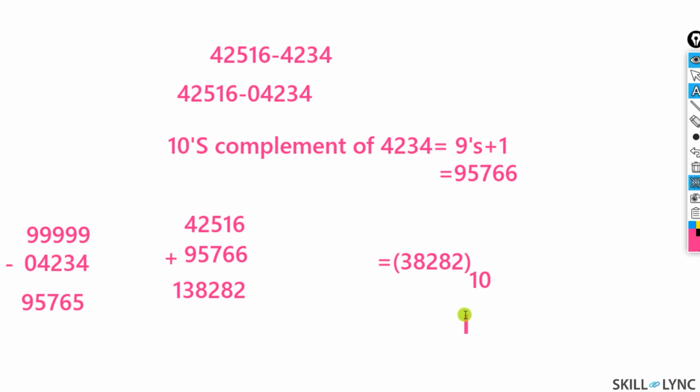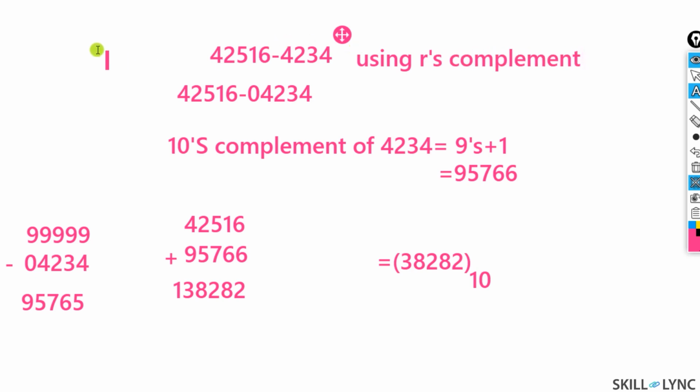Okay, I am just taking a recap of the question also. If you simply subtract these two numbers using mathematics, you also get the same number. Here the question was to solve it using R's complement.